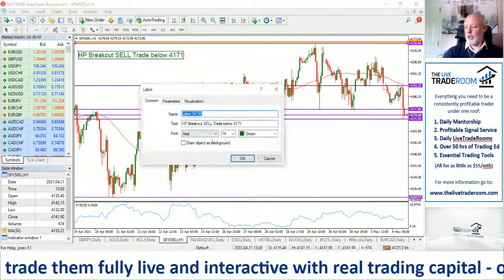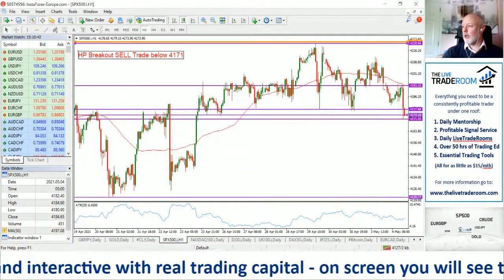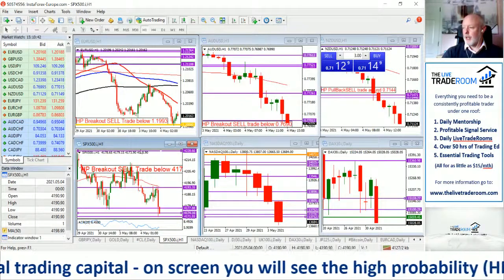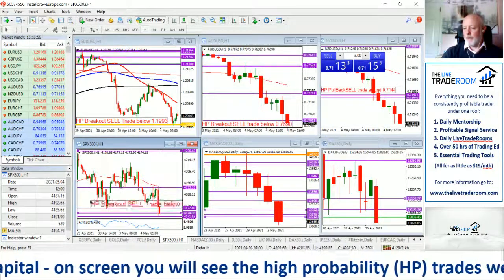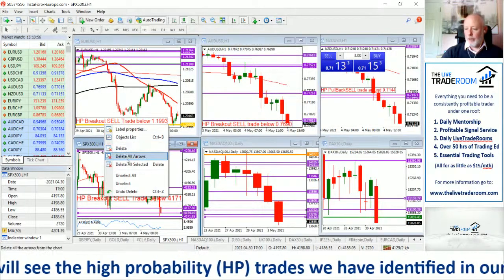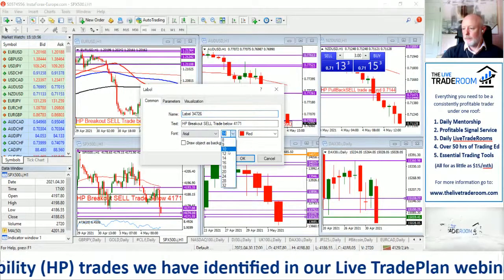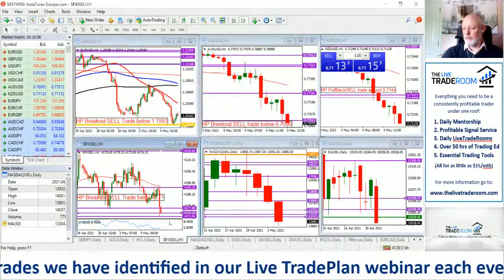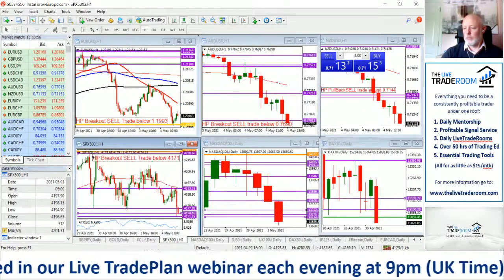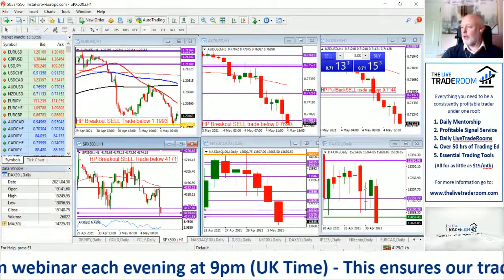And what we'll do is we'll just turn it red, purely for your benefit, just so you can identify quickly what we are looking to do with these markets. Broadly speaking, we're looking to capitalize on a weakening stock market and a strengthening dollar. So that's what we're looking at.